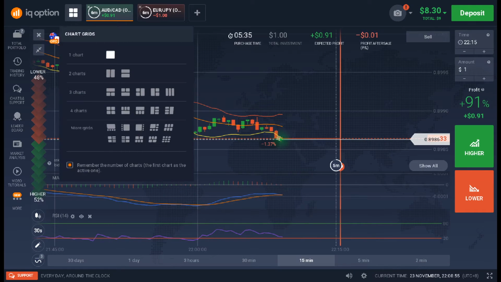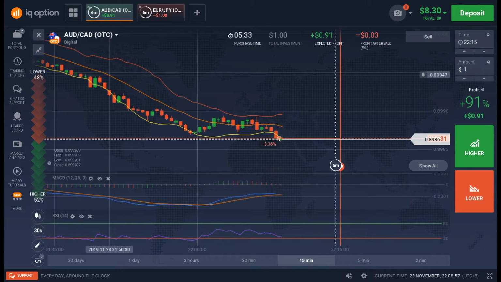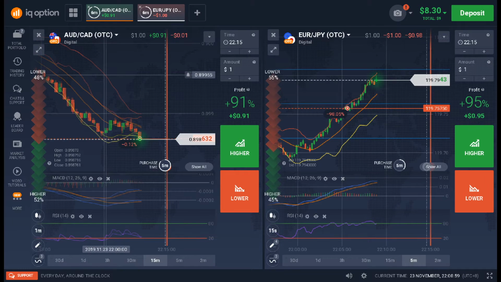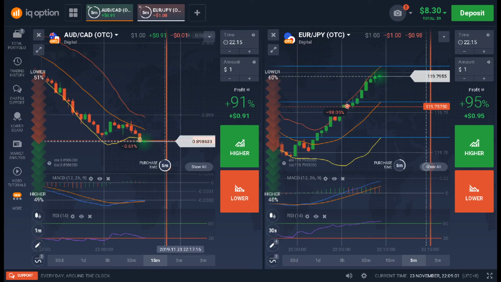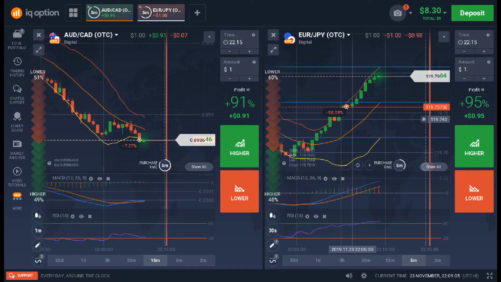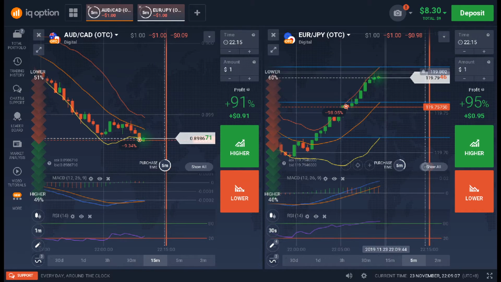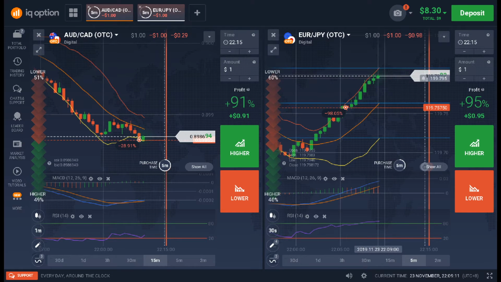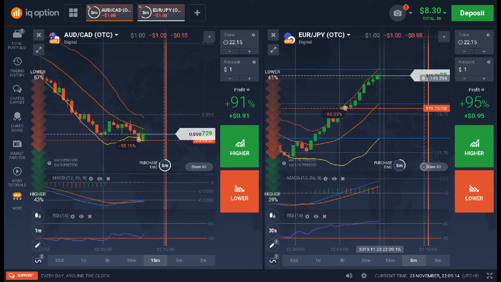You can also do something like this, guys, so that you will see both frames. There you go. And this one, we're so far, but on the right side for our Euro Japanese yen, it's already what?